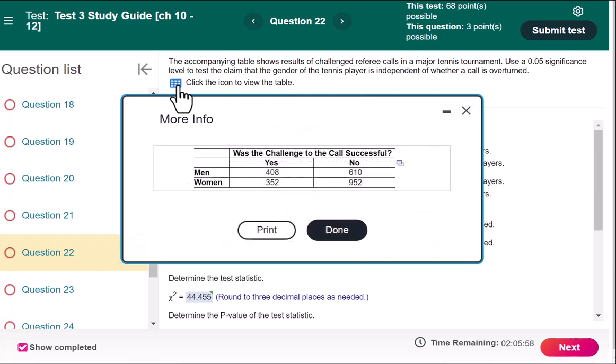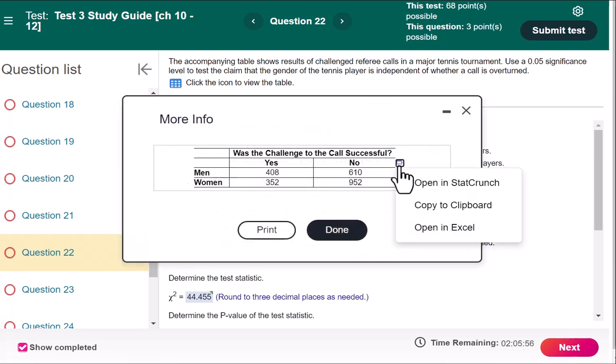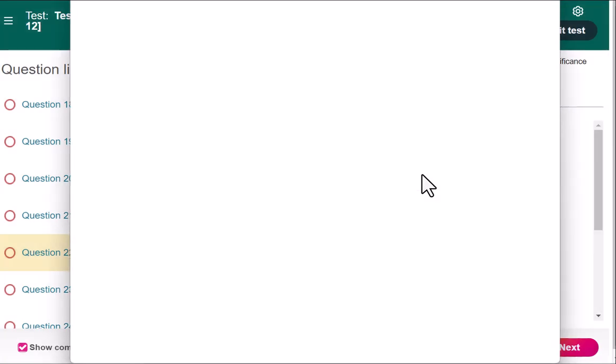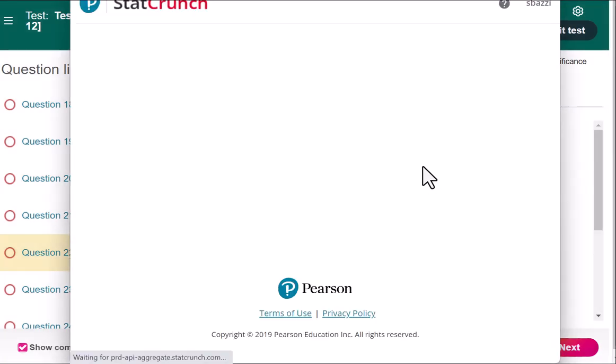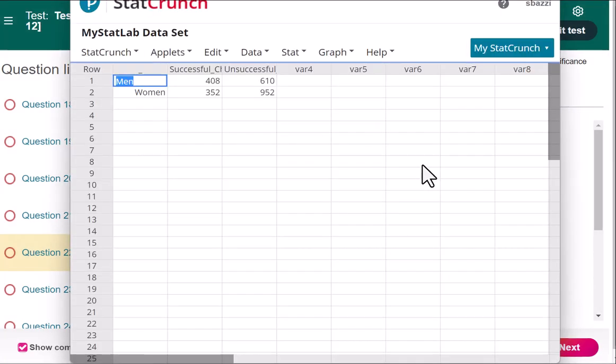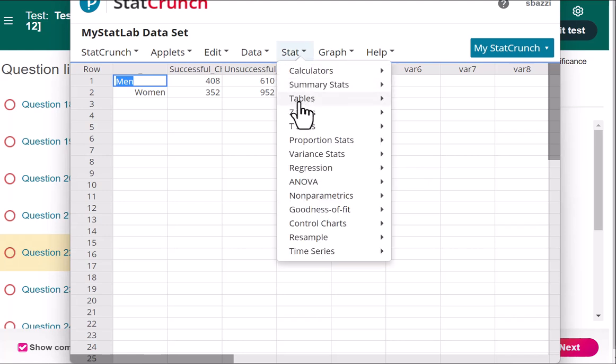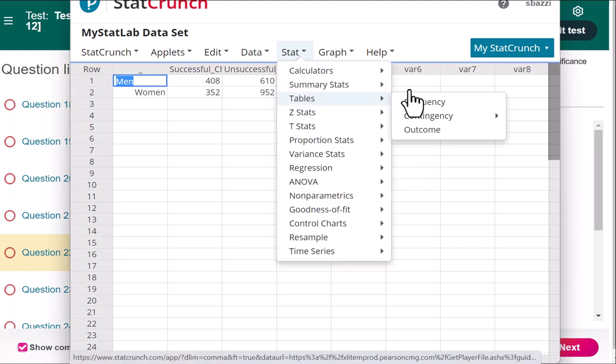Now, how do you find the test statistic using StatCrunch? Watch me carefully. Open in StatCrunch. Go to Stat, Tables, Contingency Table with Summary.